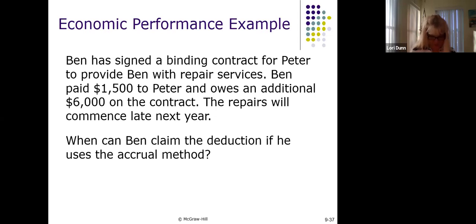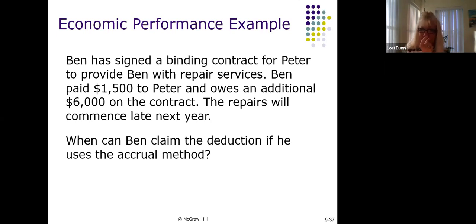Also, he actually has to pay that $800 by September 15th of 2021. So if he is going to pay that within 8.5 months of the end of the year, so middle of September, he meets the recurring item exception and he could deduct it in 2020, even though he didn't pay it.